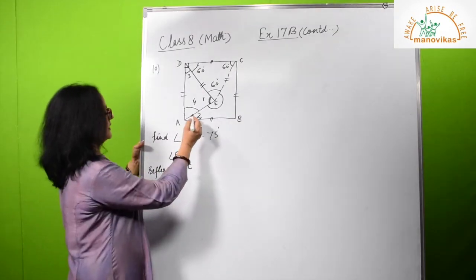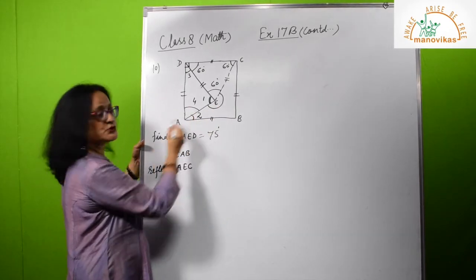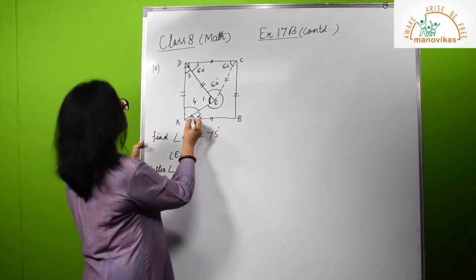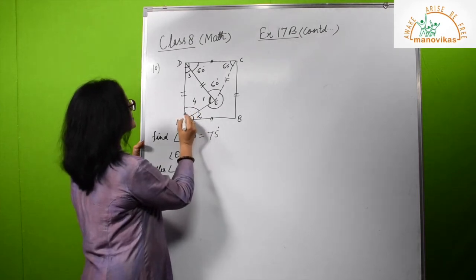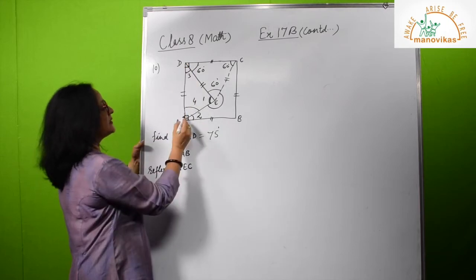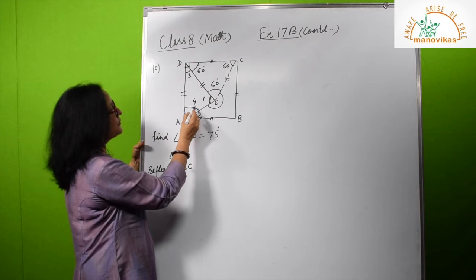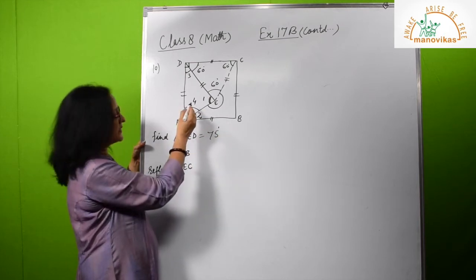Now we have to find angle EAB. EAB means this angle number 2. So angle number 2, how can you find? This vertex angle, as we have taken here, is 90 degrees, and this angle 4 we have just found is 75 degrees.